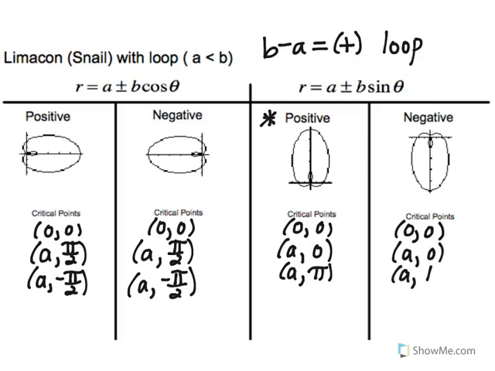Now here's where it becomes a little bit different. You're going to have a plus b, and you're going to have b minus a. So a plus b, 0 in this case, a plus b, pi. Actually same as cardioid for the a plus b.